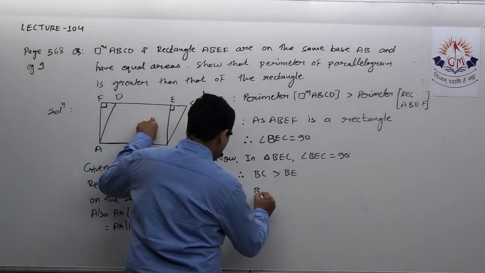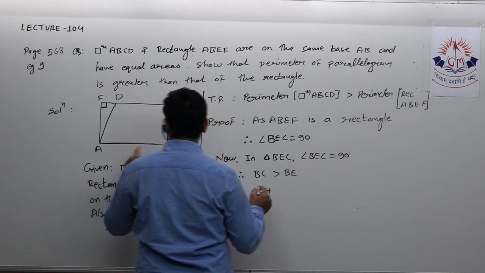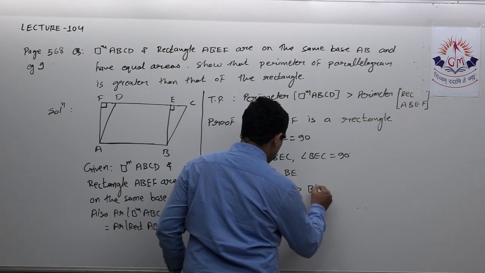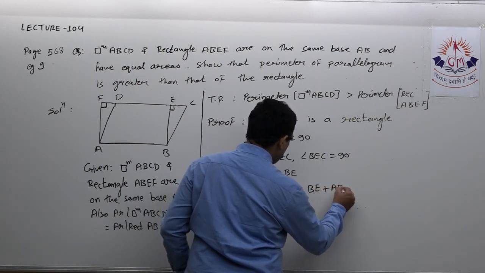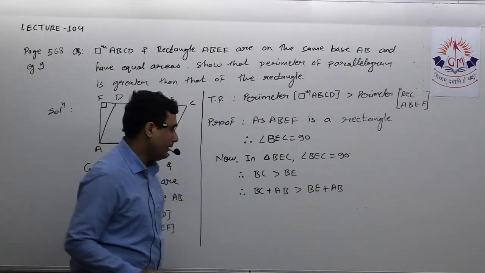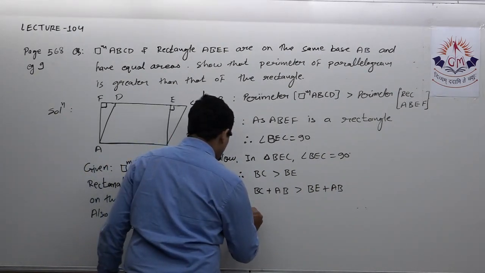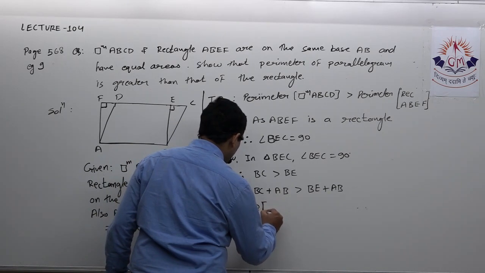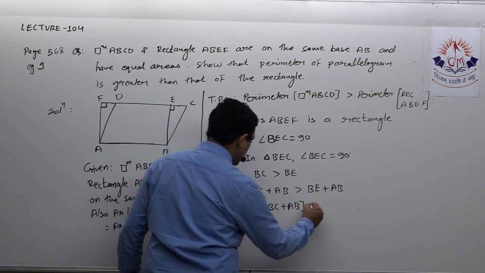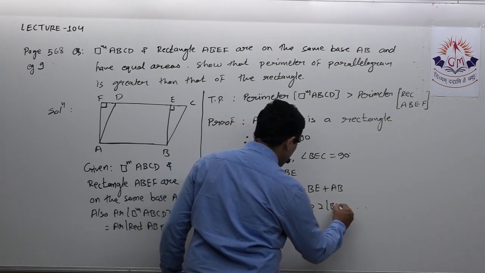Now, if I add AB to BC, it will be greater than BE plus AB. That means if I add AB on both sides, the inequality remains the same. Now if I multiply by 2, twice of BC plus AB must be greater than twice of BE plus AB.